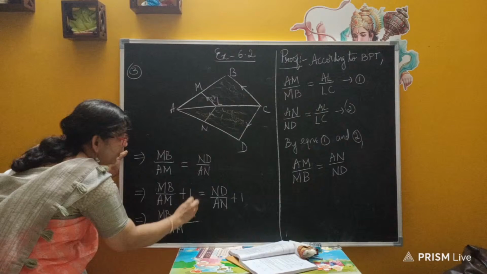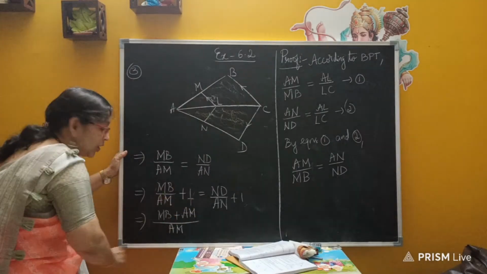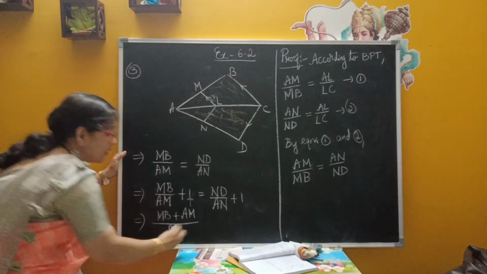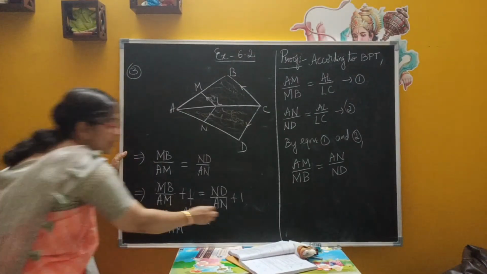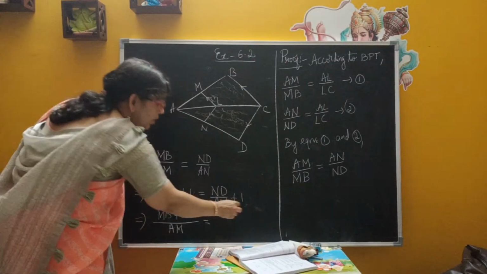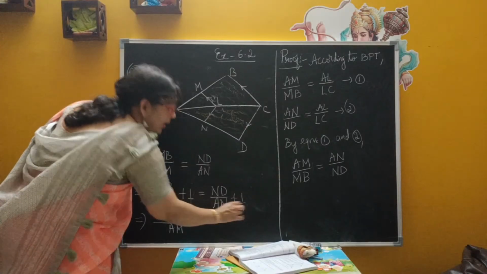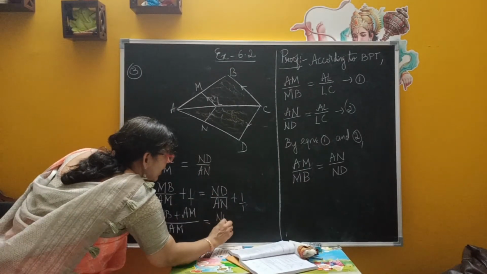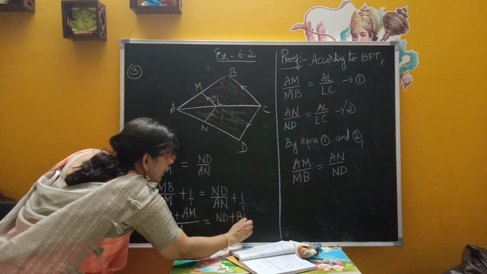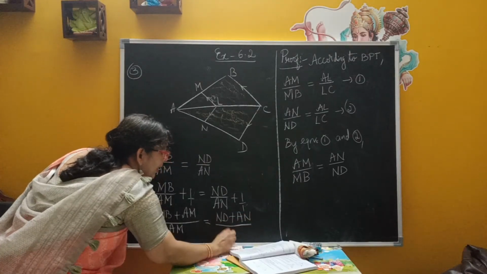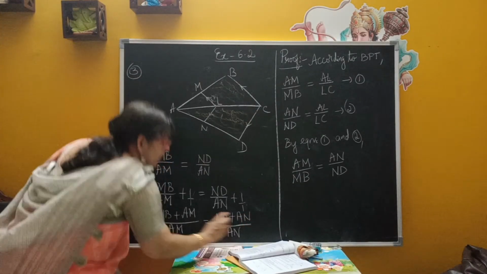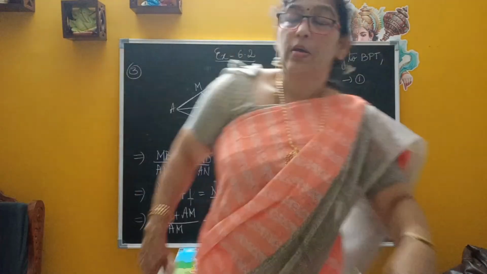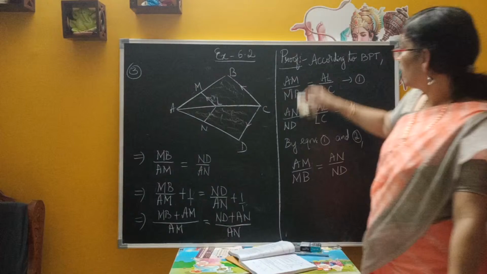This is 1 by 1, I multiplied both numerator and denominator by AM to get the common denominator AM. Here in the RHS also, AM is the common denominator, so I multiply both the numerator and denominator by AN. So what do I get now here? ND plus AN by AN. Now you got to know why I have taken the reciprocal here.